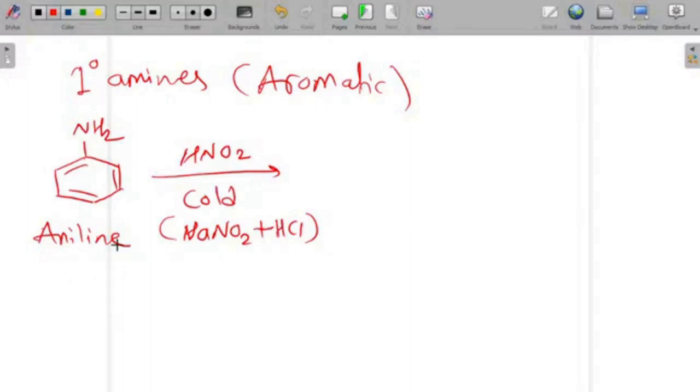The nitrous acid mixture is also cold, and if you add this nitrous acid to this aniline, what happens? There is formation of diazonium salt. This diazonium salt is like this, N triple bond N, this nitrogen is plus, Cl minus.